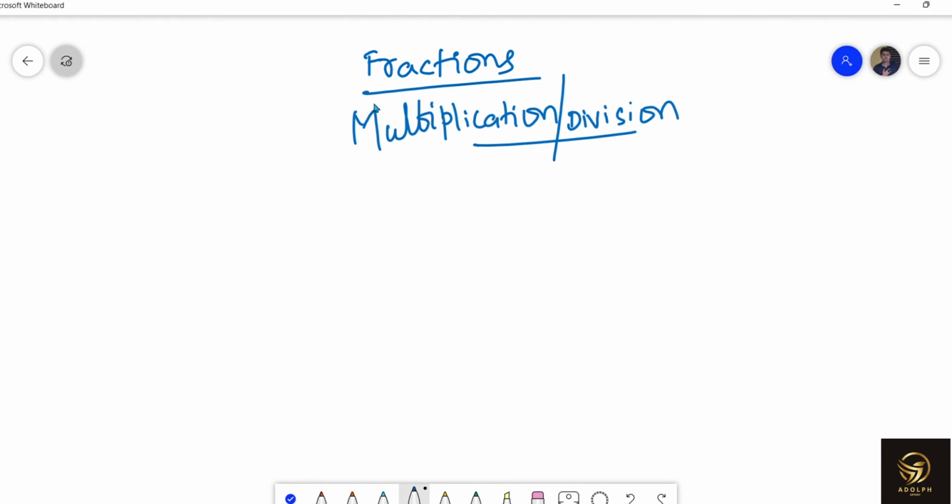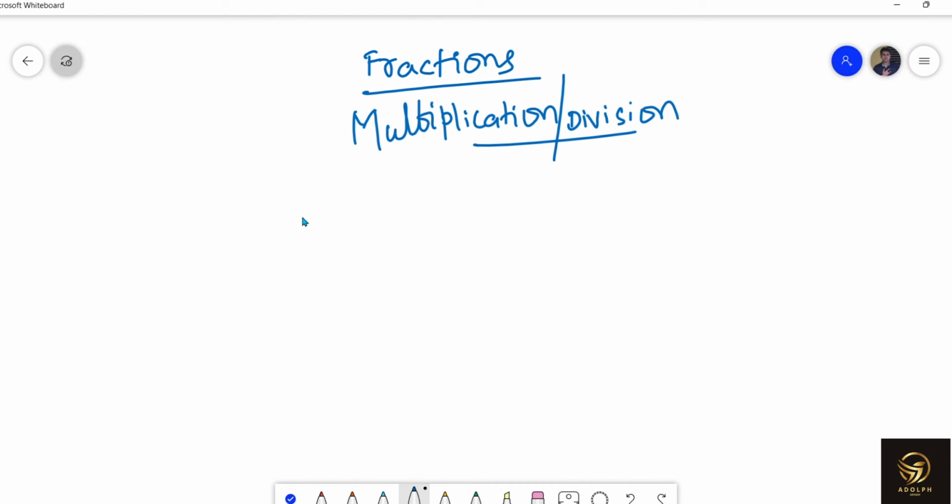Now we are going to see the multiplication and division of fractions. Keep it in your mind, multiplication does not require any conditions like addition or subtraction of fractions, because in addition and subtraction we had conditions that the two denominators should be the same and the operation should happen only at the numerators, not in the denominators. Before that, both fractions should have the same denominator.